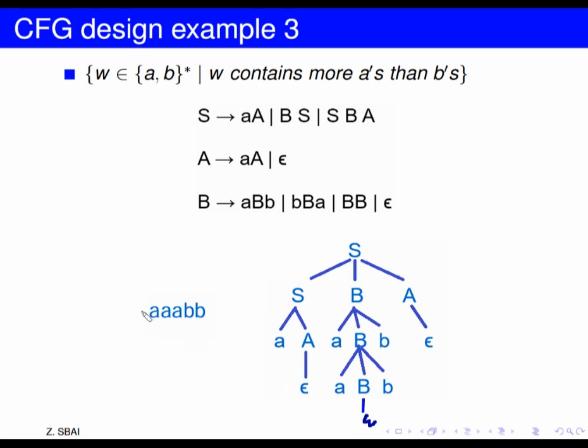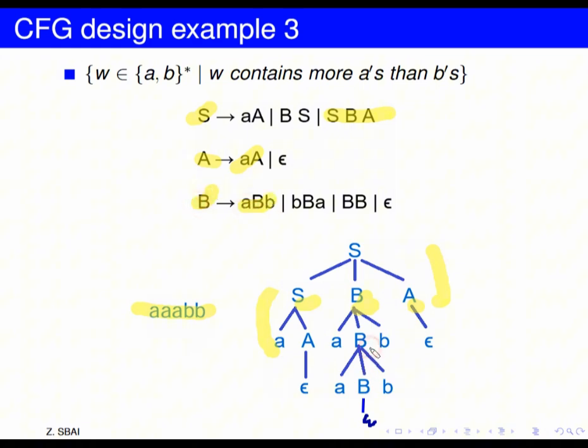For example, let's take AAA double B. Here we will draw a parse tree. So here we will apply the first production. We will apply S derives SBA. We will obtain the string SBA, for which this S will yield to AA according to this rule. Then for this B, we will choose B derives ABB.